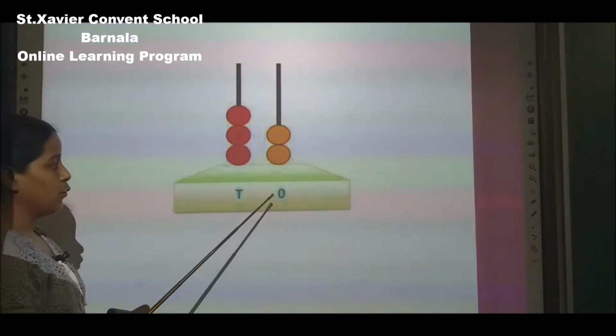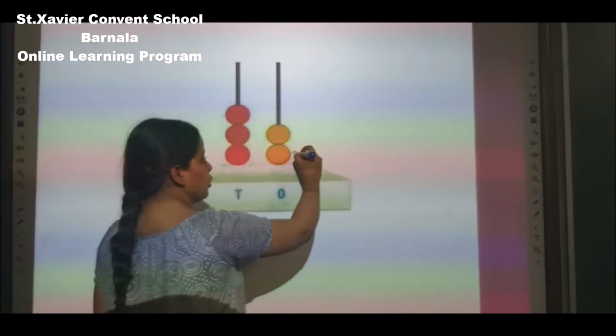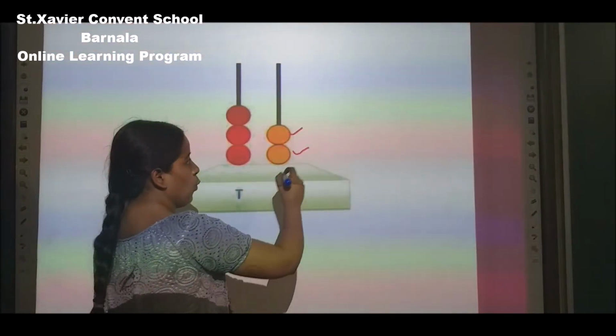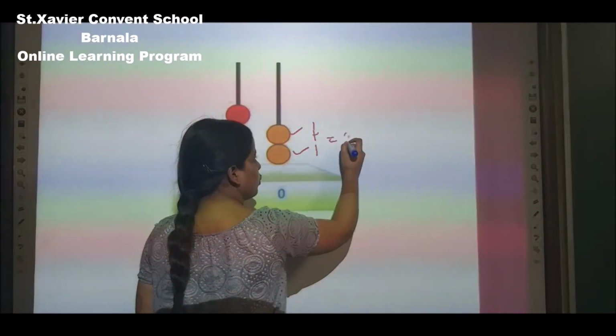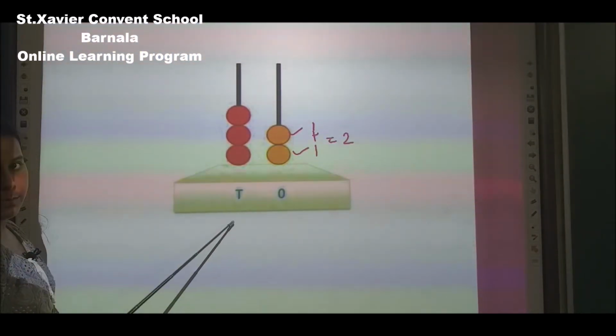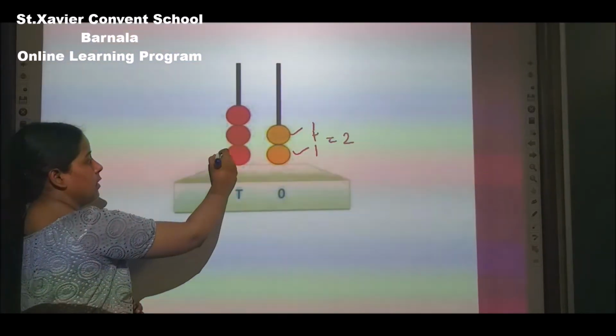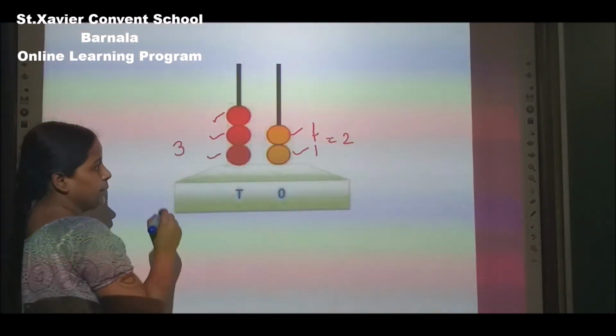There we have the ones place and tens place. At the ones place we have 2 yellow beads. 1 and 1 is equal to 2. So there we have 2 beads. And at the tens place, 1, 2, 3. 3 beads.